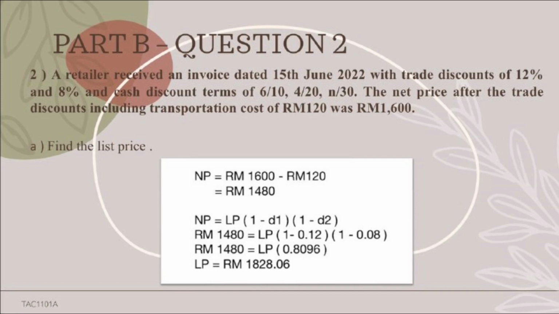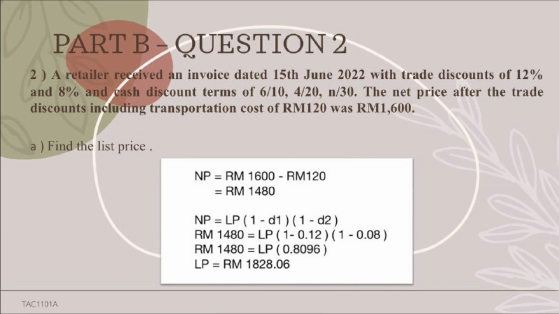Net price is the payment that you need to pay excluding transportation. So we take 1,600 ringgit Malaysia minus 120 ringgit Malaysia equal to 1,480 ringgit Malaysia.